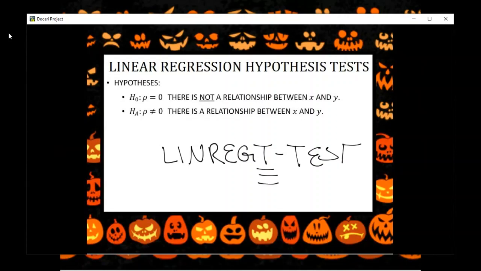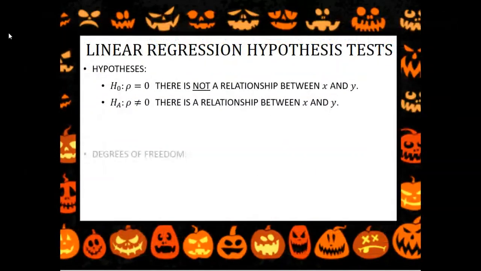See the T right there? So it's a T test, which means you're going to need degrees of freedom, right? The T test. So degrees of freedom is always n minus 2.